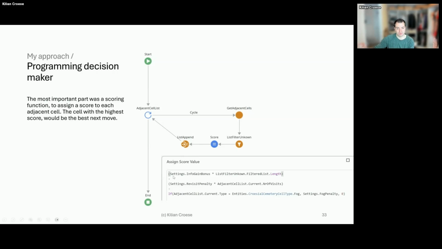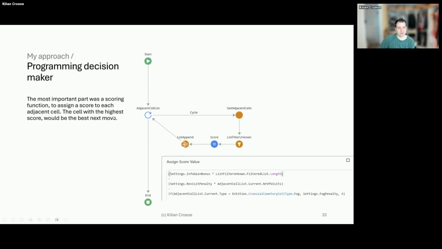So hey, please move to cells where, by moving there, you go in a direction where there are as many unknown cells as possible. And then giving a penalty for revisiting certain cells. And also I penalized moving into fog, but not enough actually. But we'll get there in a bit.